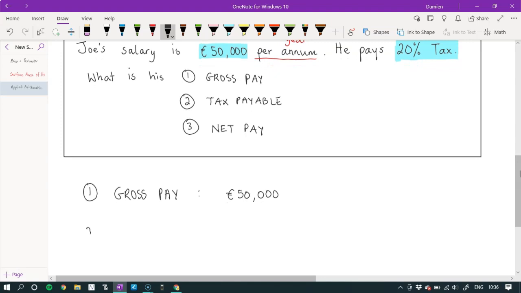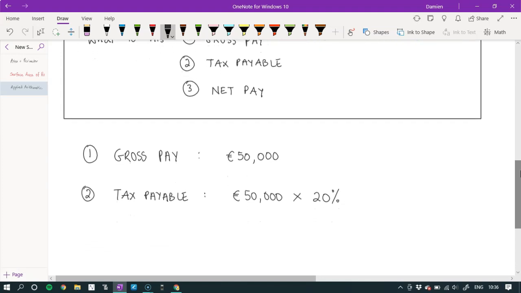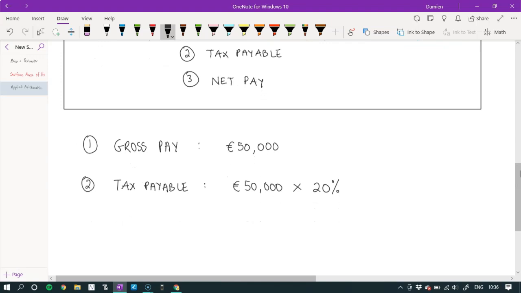So number 2, we've got to work out his tax payable. Your tax payable is where you start doing some percentages, and it's really, really easy. All you've got to do is take your gross pay, which is 50,000, and on your calculator, multiply it by 20%. Now be careful, don't multiply it by 20, multiply it by 20%. To get your percentage sign, you're going to have to hit second function and one of the buttons at the bottom of the calculator.